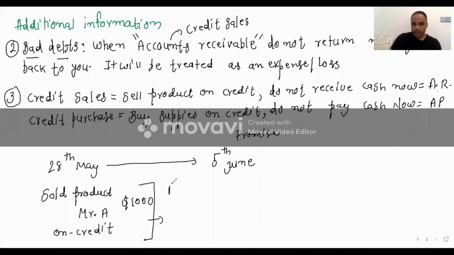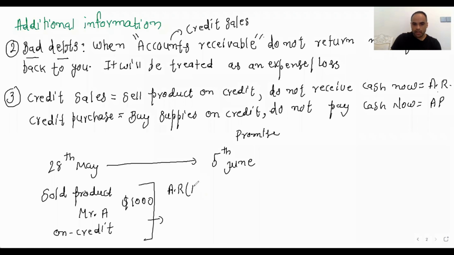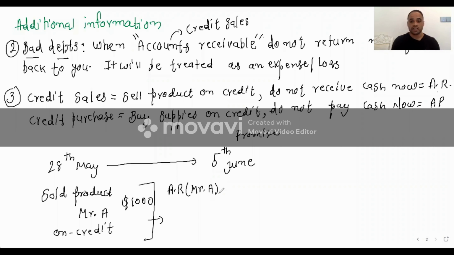I'm writing Mr. A in brackets, because companies sell product to many customers. So you cannot write everybody as account receivable. Otherwise, you're not going to track them. You're not going to understand who is giving you money or not. So account receivable in brackets, Mr. A, account receivable account debit.